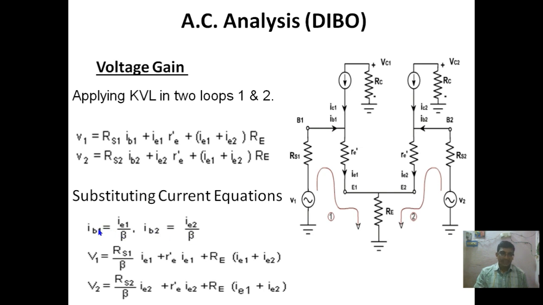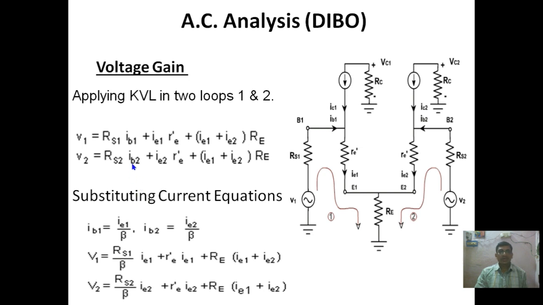Now we can replace the IB1 and IB2 values in the V1 and V2 equations. If you substitute the IB1 value, then V1 is equal to, here IB1 was replaced with IE1 by beta, into RS1 plus RE dash into IE1 plus RE into (IE1 plus IE2).